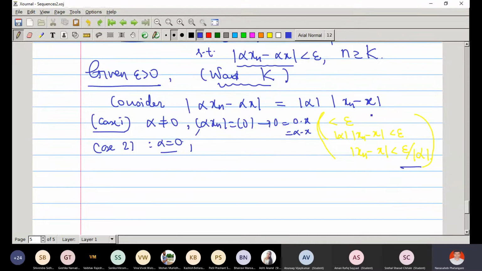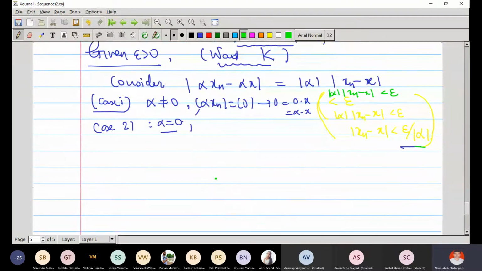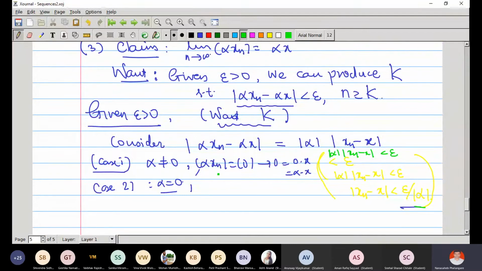If you want to make alpha times xn minus x less than epsilon, that means the distance xn minus x we should make less than epsilon, right? So what is the strategy?